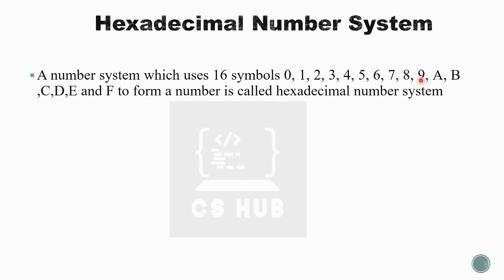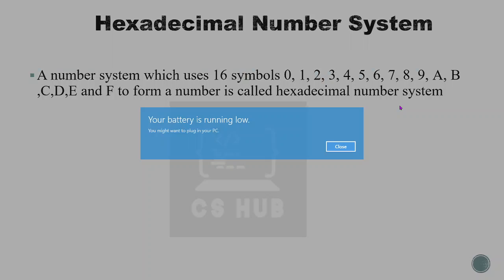The other 6 symbols are A, B, C, D, E, F. This is called the hexadecimal number system. So the hexadecimal number system uses 16 symbols, of which 10 are digits from 0 to 9 and 6 are letters from A to F.